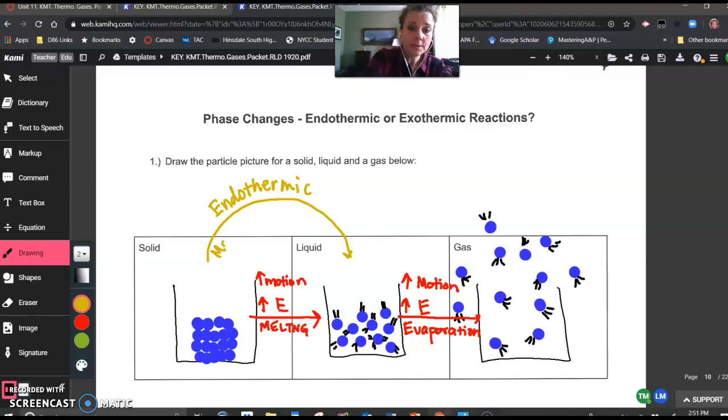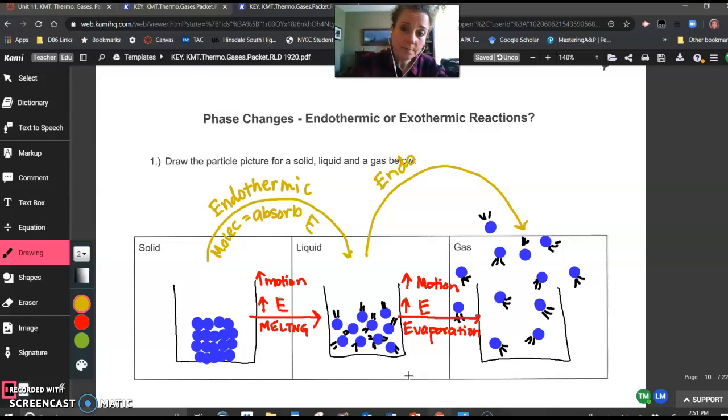And the molecules are going to absorb energy, which I am abbreviating with a capital E. Once again, to change from a liquid to a gas, this is also endothermic because my molecules have to absorb more energy again in order to move around faster and to come out of the solution as a vapor or as a gas.